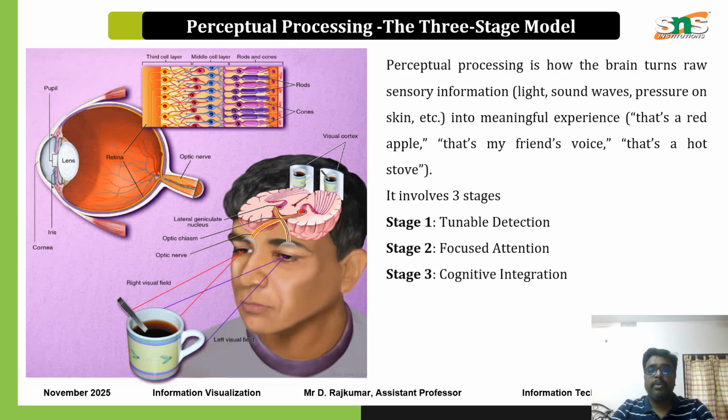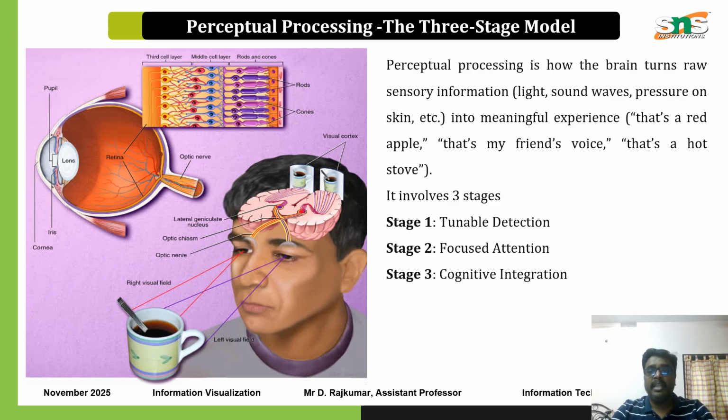Perceptual processing is how the brain turns raw sensory information, that is light, sound waves, pressure on skin, etc., into a meaningful experience or meaningful information.